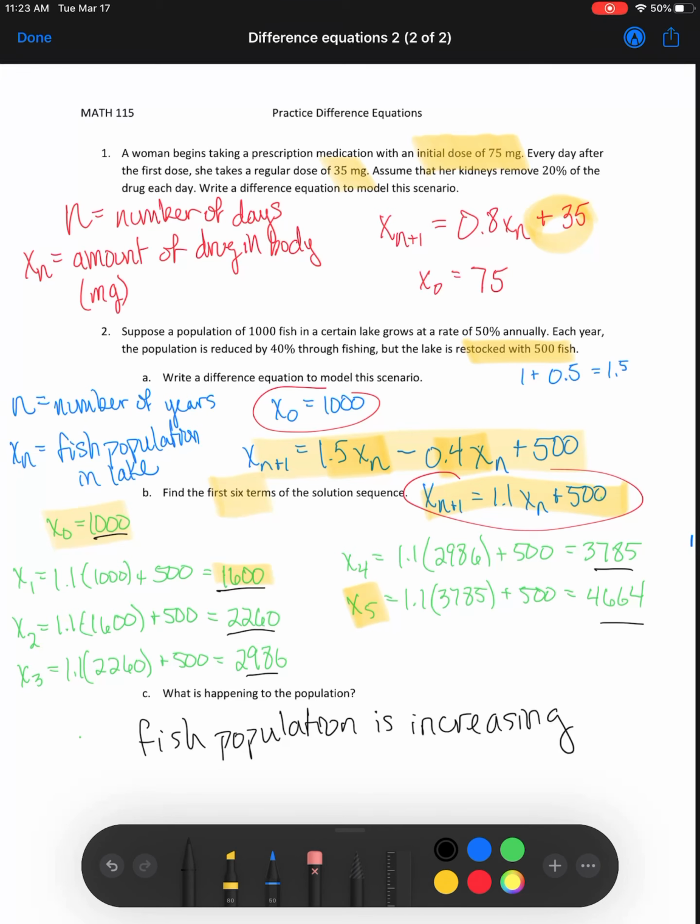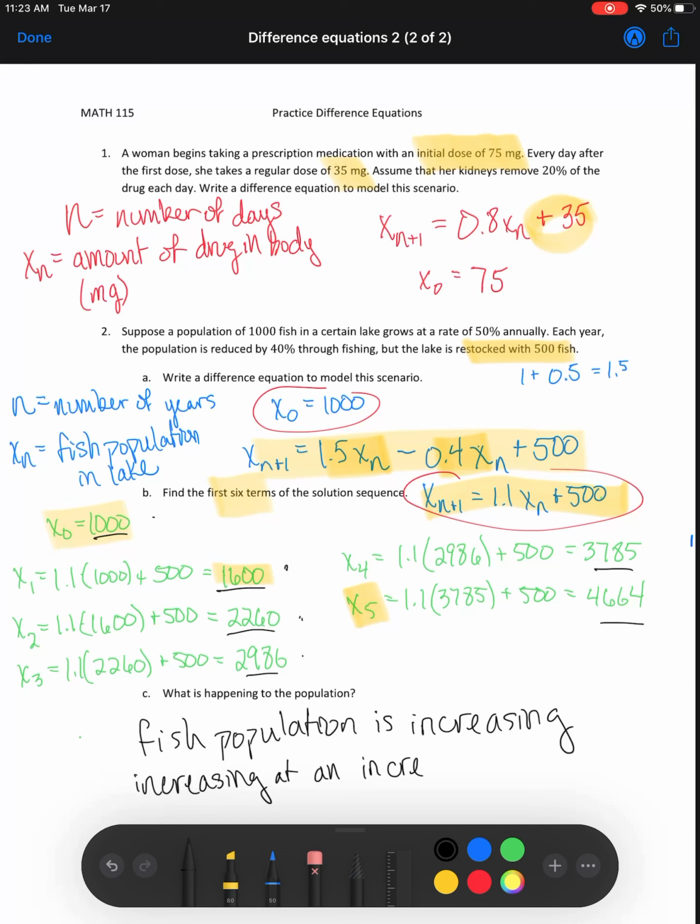The way that we would determine that is to look at the differences, basically how much the population is increasing by each year. It goes from 1,000 to 1,600 from year 0 to year 1. So that's a jump of 600. And then going from 1600 to 2260 is actually a jump of 660. We can see that the gaps between the successive numbers in our sequence are increasing. So we would say it's increasing at an increasing rate.